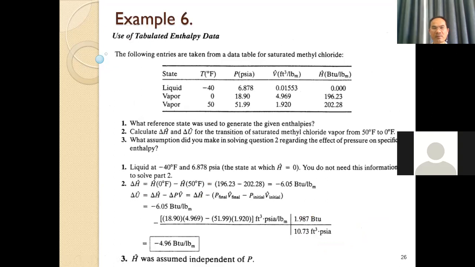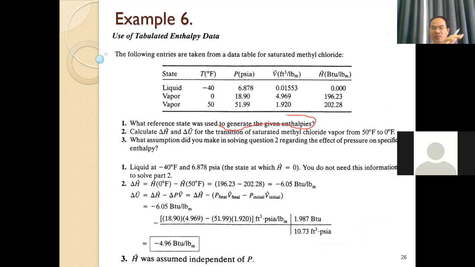For the example, we have the following table, taken from the data for saturated methyl chloride, in the liquid state and vapor state at different temperatures and pressures. For this table, what reference state was used to generate this enthalpy?